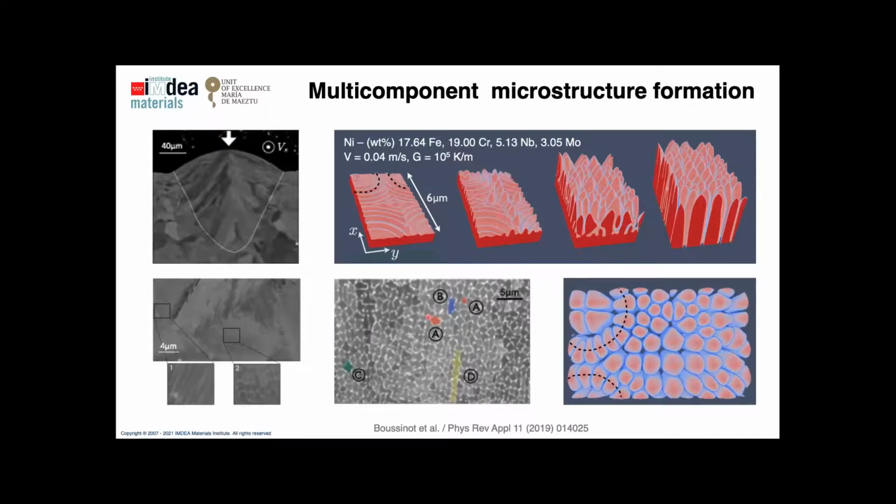So what else is there out there? You have another study by the folks in Aachen, where they did some experiments, they saw some cellular microstructure, and they used MICRESS to model solidification of the multi-component alloy, at almost relevant, let's say, conditions.